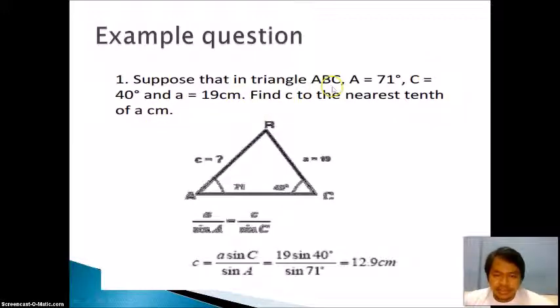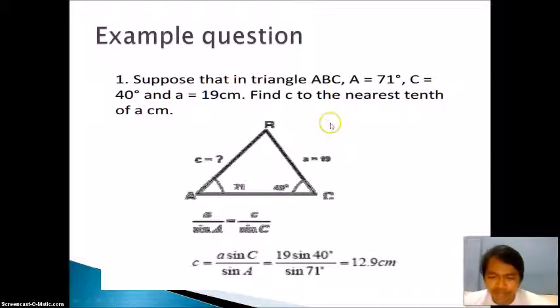Suppose that in triangle ABC, angle A equals 71 degrees, which is here, angle C equals 40 degrees, which is over here, and the length of a is 19 cm, which is over here. Find c to the nearest tenth of a cm.